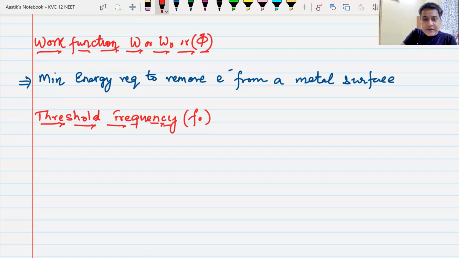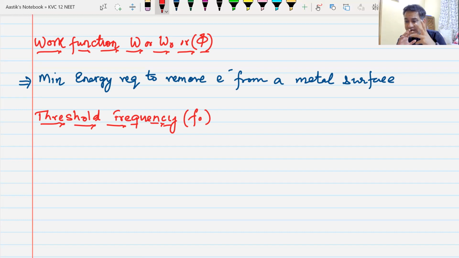If you understand one thing, the other things should come on their own. It is the minimum frequency. Remember, light is falling on this metal surface. We need light of minimum energy.